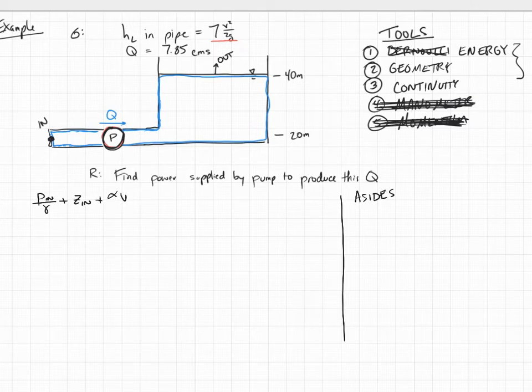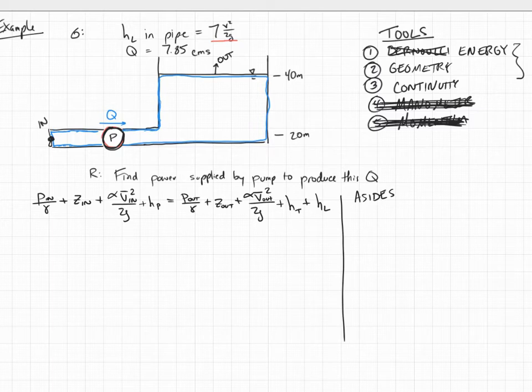Alpha V in squared on 2g plus HP equals P out on gamma plus Z out plus alpha V bar out squared on 2g plus HL plus HT. Not HP, HT. I usually do those in the opposite order, but I don't think it really matters.